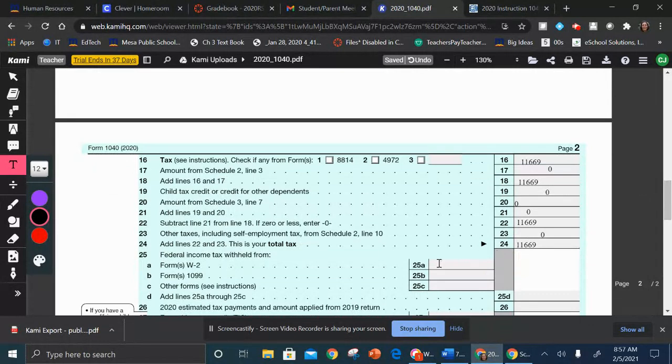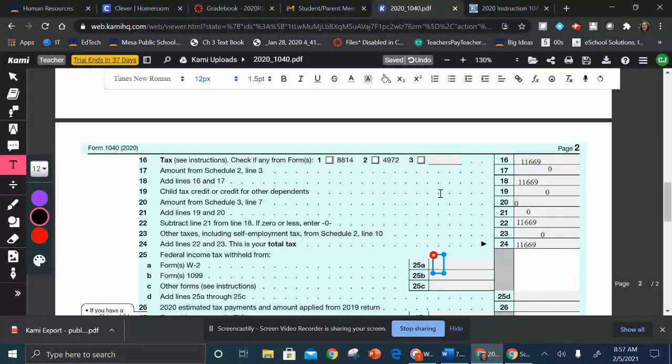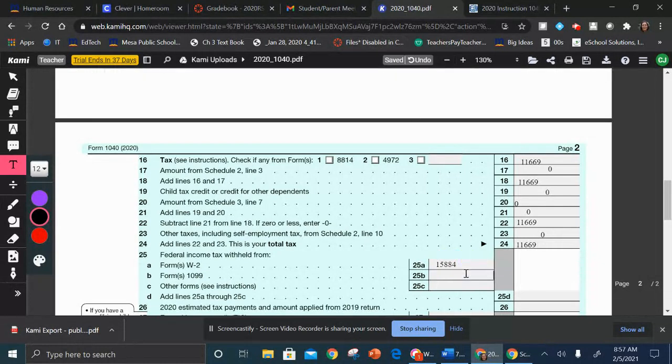Okay, forms W-2. Then they want us to enter in the tax from that 1040 form that we had for her, so she paid $15,884. Okay. So from this one, the 1090, we had 0.